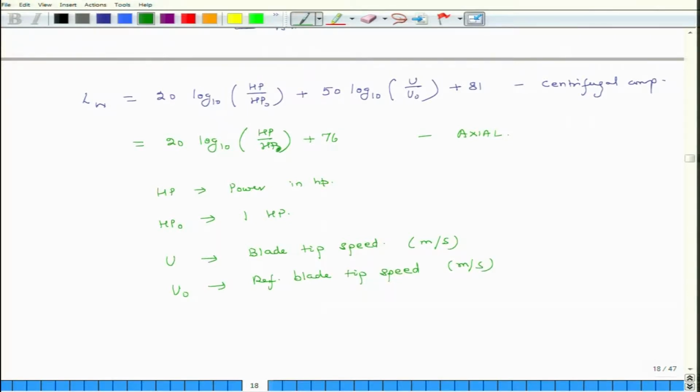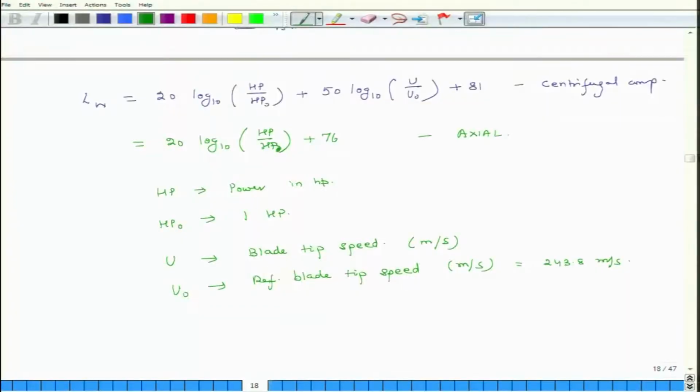It is a strange number, and that is 243.8 meters per second, because the original computations were done in the foot pound second system. So, it comes to some good number in the foot pound second system, but when you convert it into meters per second, this is the number 243.8 meters per second. So, that is there. Okay.